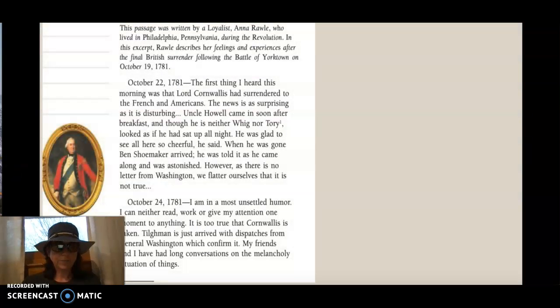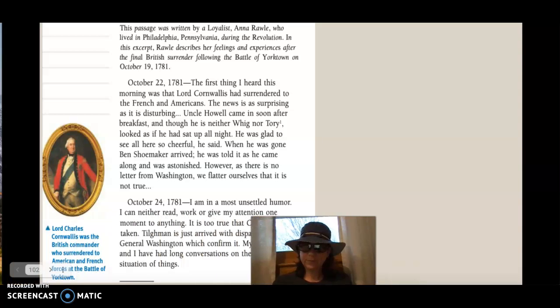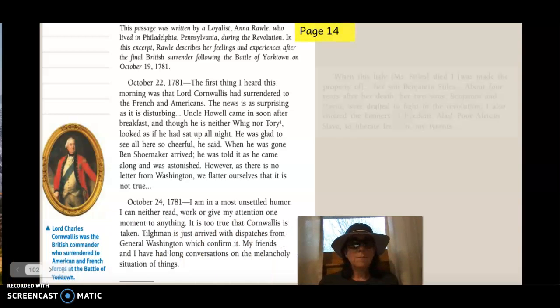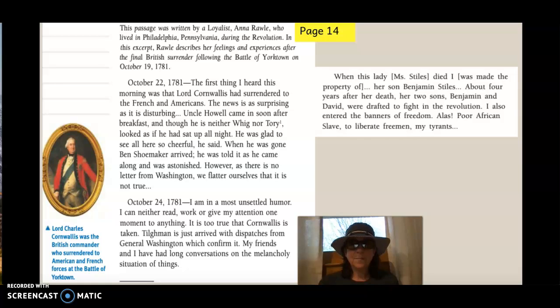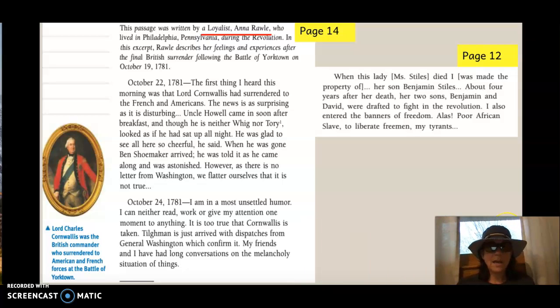All right. On page 14, you've got page 14 and page 12. So page 14, it's talking about the loyalist Anna Rowell, and on page 14, it's also Lord Cornwallis had surrendered to the French and Americans.